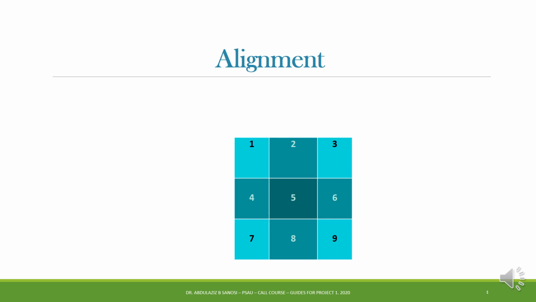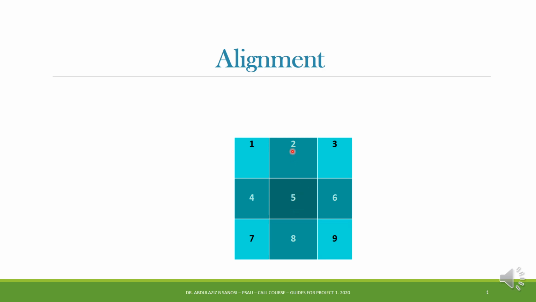Another point is about alignment, about spacing, about the positioning of your elements. If you look at this shape, there are 9 squares. The most important point of your topic should be in number 5. This is the most important part of the paper.